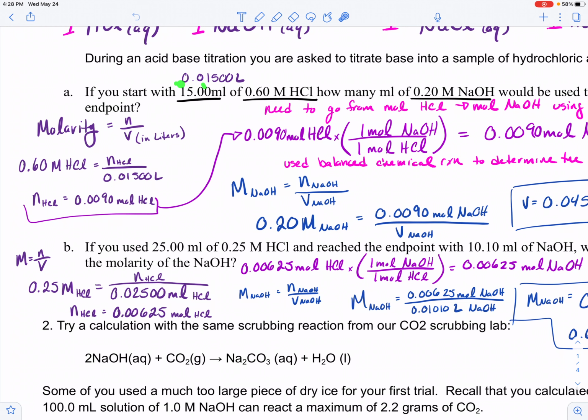So I do the conversion, and that's 0.01500 liters. So I've got 0.6 molar hydrochloric acid and 0.01500 liters of it, and I can solve for the moles of hydrochloric acid in that solution. So I solve for n, and I get 0.0090 moles of hydrochloric acid.